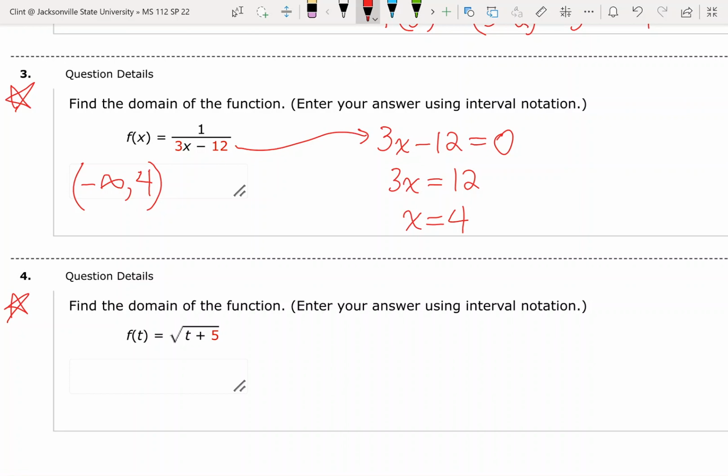That's really only half of our domain because we want the numbers on the other side of 4 as well. So have another parenthesis with a 4. That'll go to positive infinity. And then just to glue these two pieces together, we've got that little union symbol. Remember, if we're leaving a number out, that's what our interval notation looks like.